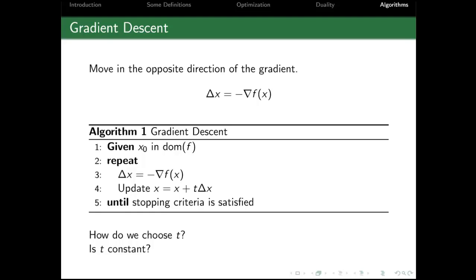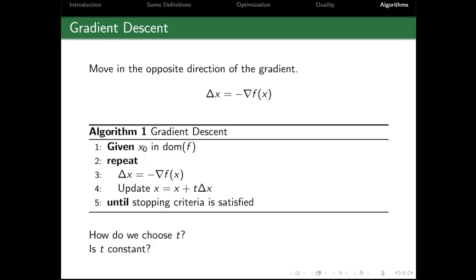Essentially you're moving along the negative direction of the gradient with some step size t. This t is a multiplicative factor which will magnify or minimize the step you're taking in that direction.